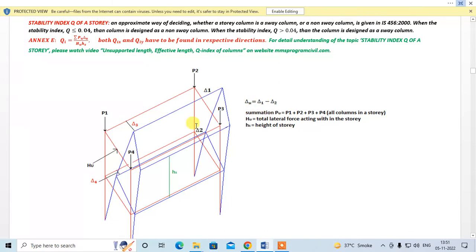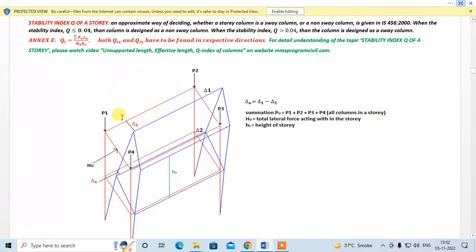Pu is the summation of all the actual loads of the columns in the story. So here sigma Pu will be P1 plus P2 plus P3 plus P4, all columns in the story. Hu is the total lateral force acting in the story in this direction. Hs is the height of the story. So this is how you can find Qix. Similarly, you can find Qiy.